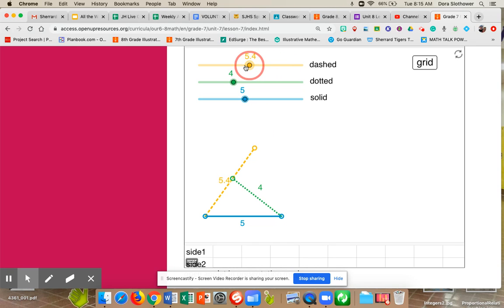Well, another one should be, did we already do 5, 4, and 3? I don't think so. 5, 4, and 3. And I think there's at least one more. I cannot get that to stop. So 5, 4, and 2.